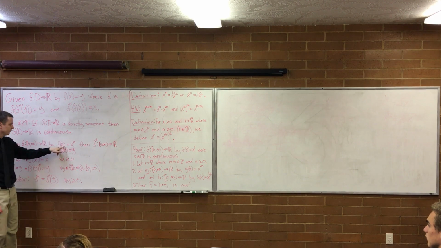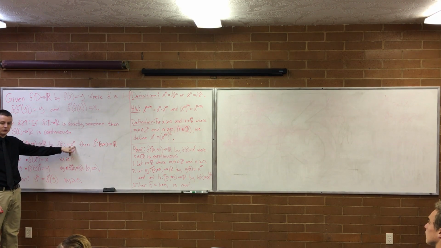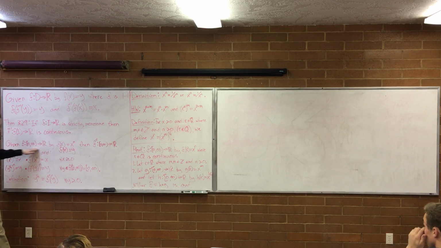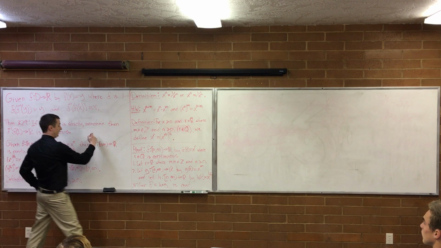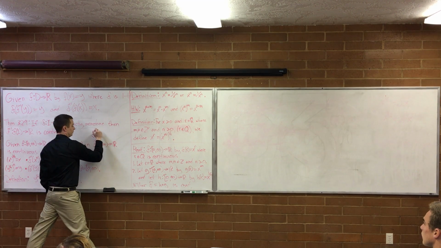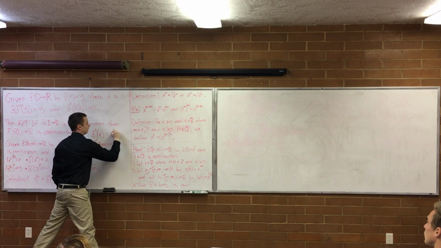We're saying if f of x is x to the n, and it looks like this, then its inverse, which we now define as, what is f inverse? We now have a way of writing that. F inverse of x is equal to x to the 1 over n.